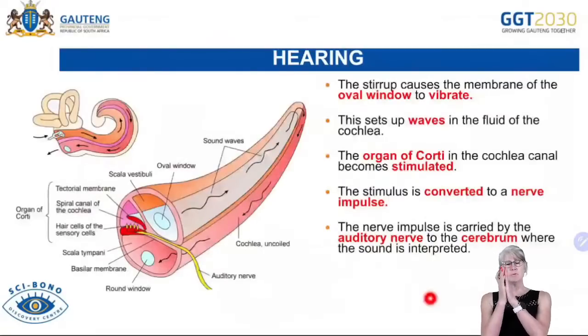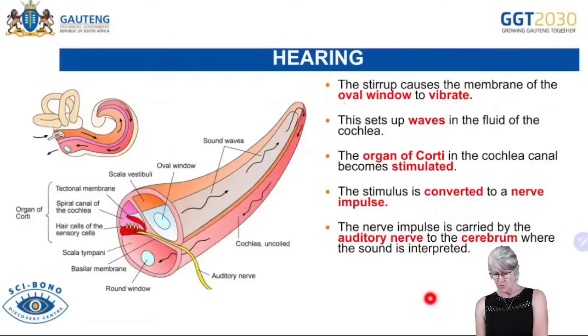So now the oval window starts to vibrate, and in the inner ear, remember, it's a series of canals that have fluid in it. And as soon as they start vibrating, they're going to cause waves in the fluid. So the stirrup causes the membrane of the oval window to vibrate, and that sets up waves in the fluid.